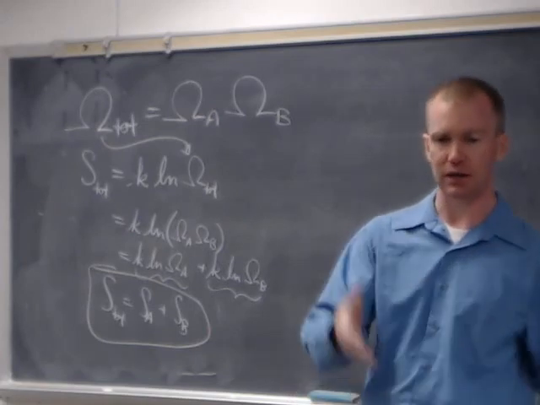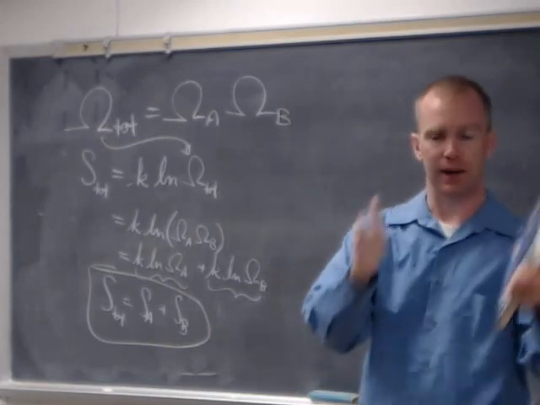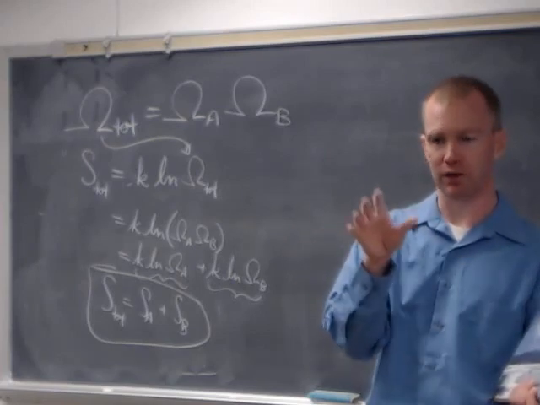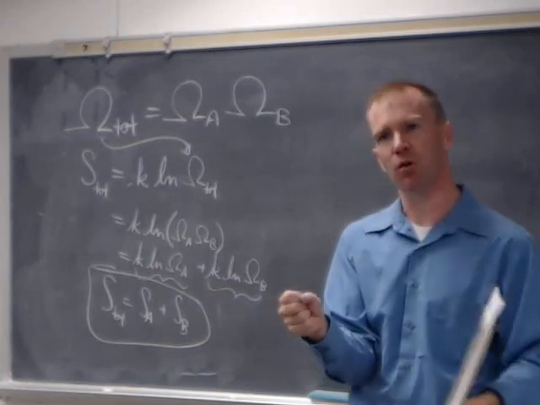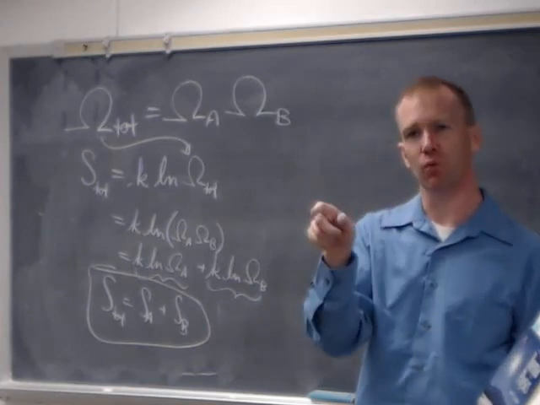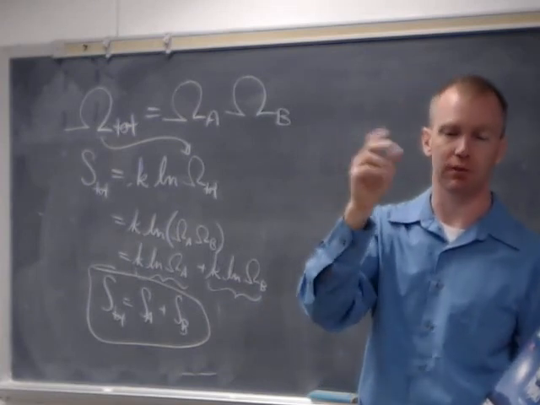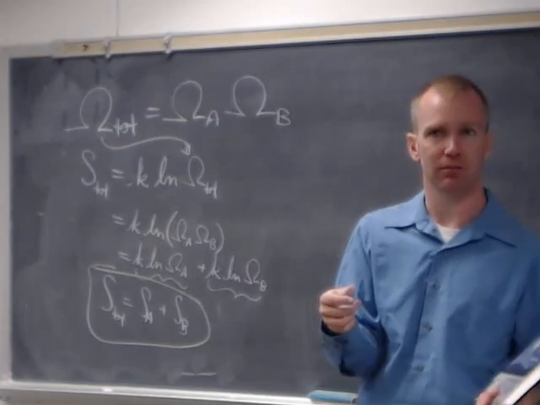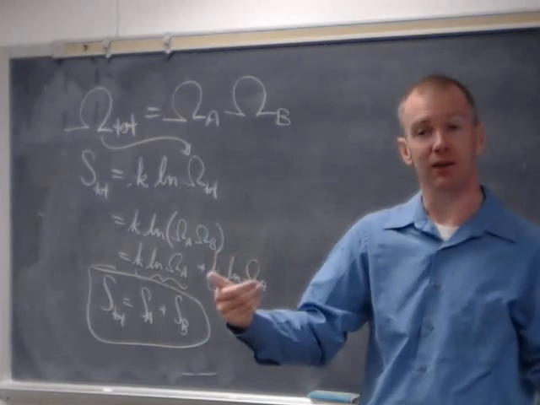As an example, take a bucket of water and a bucket of ink. Separately, they are unmixed. They've got a certain entropy. But you dump the ink into the water. Now there are a lot more ways that the molecules of ink can be arranged in between the molecules of water.